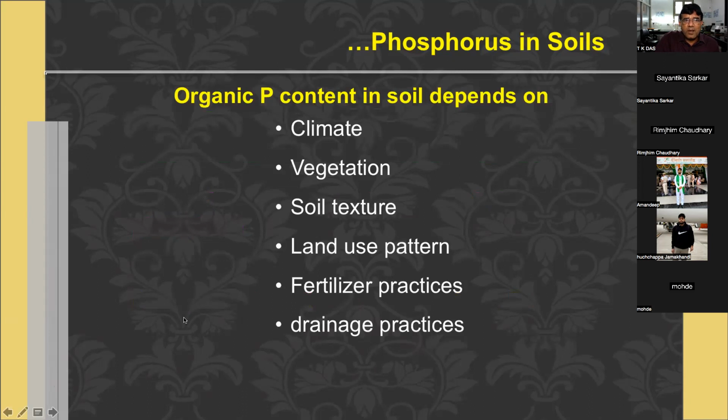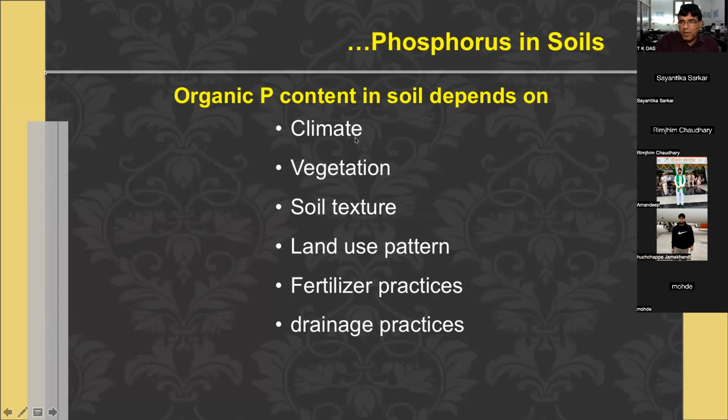Now, next question comes: what are the factors that affect the organic phosphorus content in soil? As I told you, it is mostly organic matter. More the organic matter, more is phosphorus. Less the organic matter, less is phosphorus. So any factors that will promote the accumulation of organic matter in soil will increase the phosphorus content in soil.